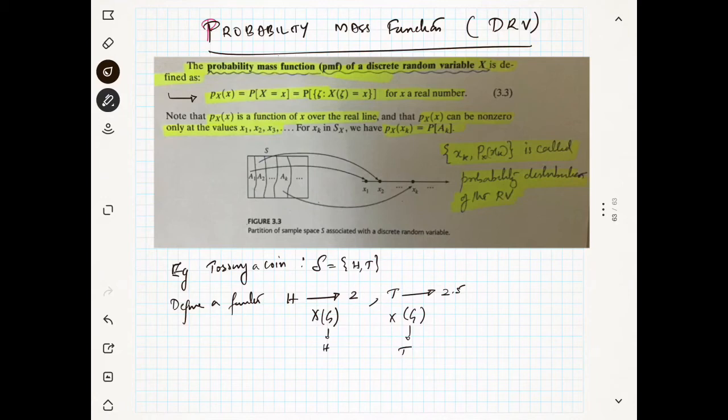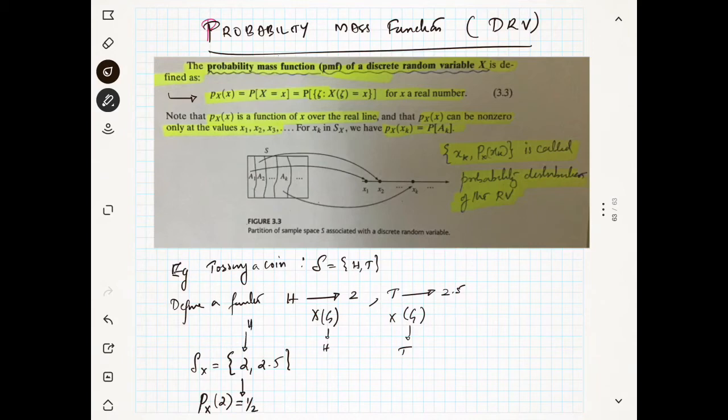So what is my random variable? My random variable x has the sample space 2 and 2.5. Now this has a probability. The probability of the random variable x equal to 2 is half, because it is coming directly from the head.